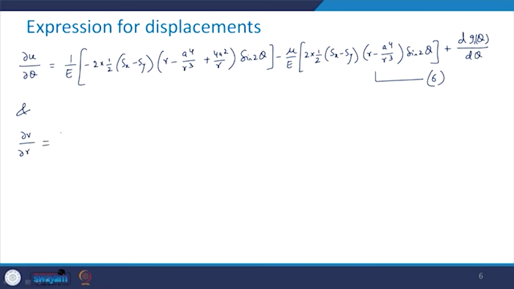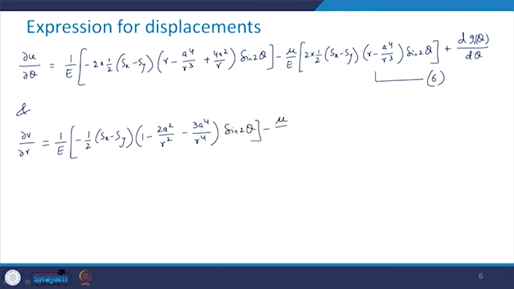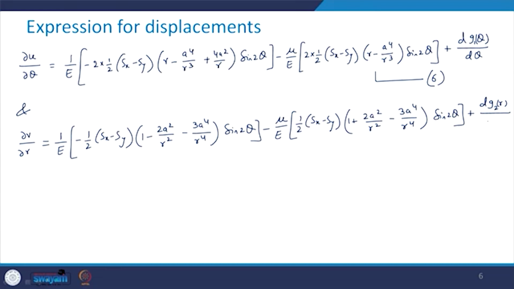So, this is what we are going to get: 1 upon E, minus half (Sx minus Sy)(1 minus 2a square upon r square minus 3a to the power 4 upon r to the power 4) sine of 2 theta, minus mu upon E, half (Sx minus Sy)(1 plus 2a square upon r square minus 3a to the power 4 upon r to the power 4) sine of 2 theta, plus dg2 r dr.